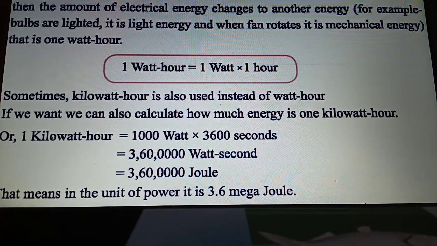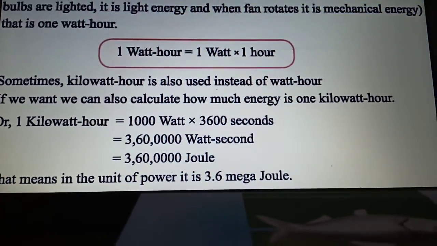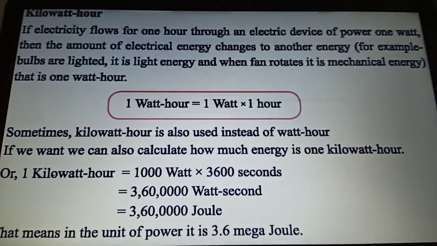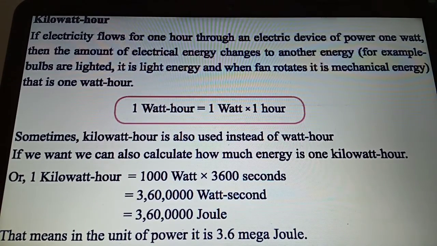Kilowatt hour is the unit of electric energy used in electricity. If electricity flows for 1 hour through an electric device of power 1 watt, then the amount of electrical energy changes to another energy.